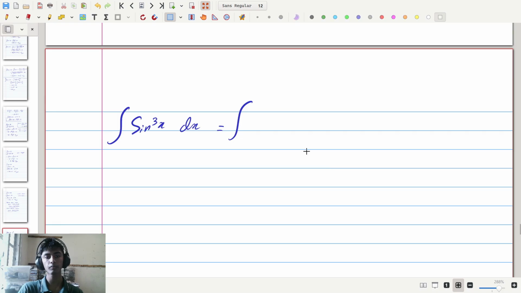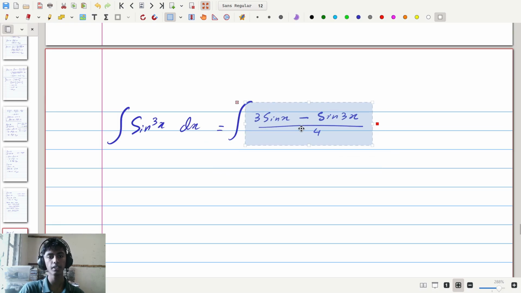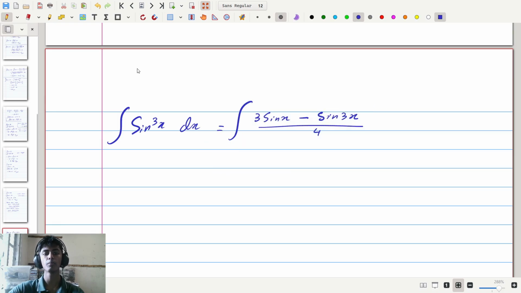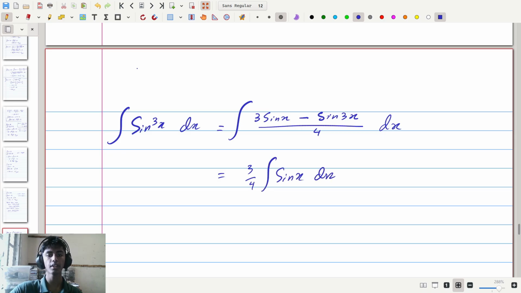Copying that down, we can take the 3 and the divide by 4 out, so the first part is 3/4 of the integral of the sin of x with respect to x. The second part is -1/4 times the integral of the sin of 3x dx.